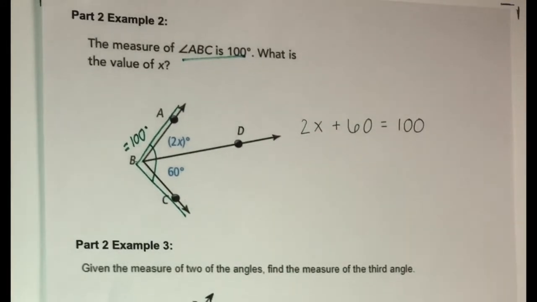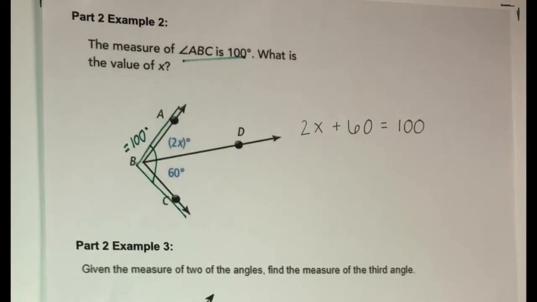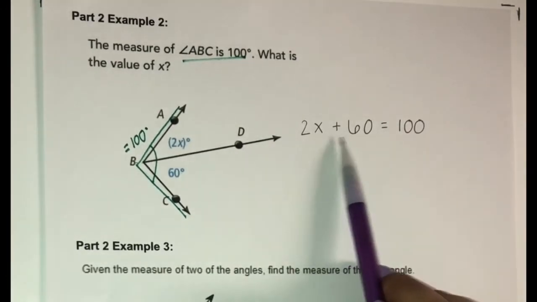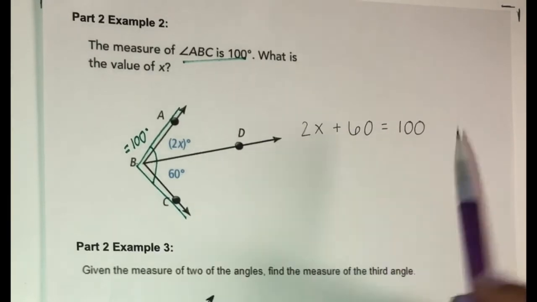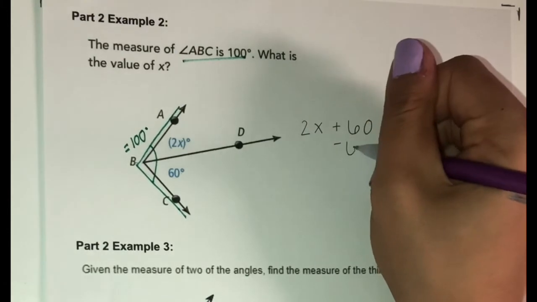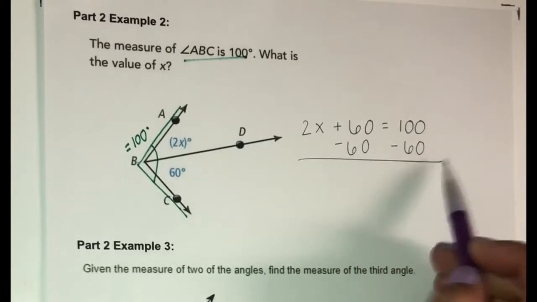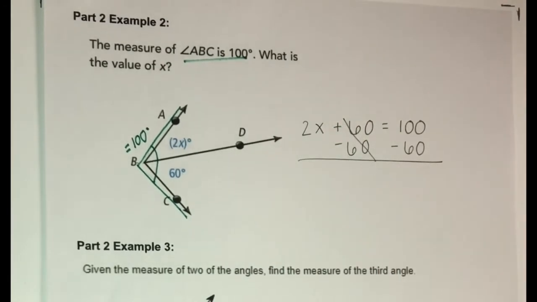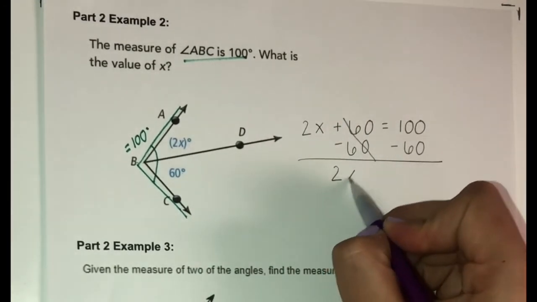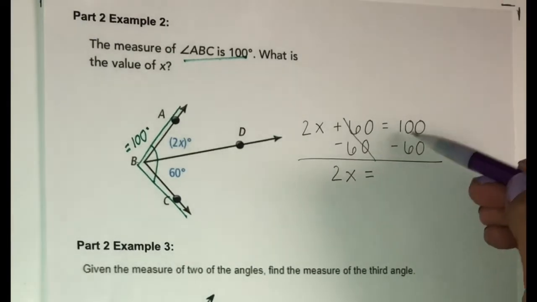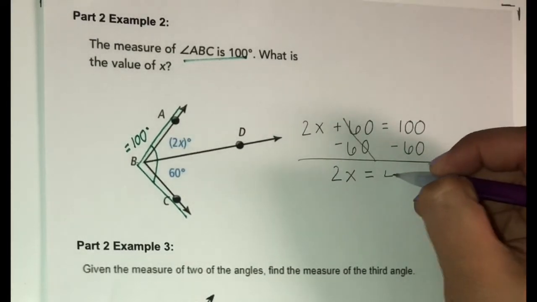What is the first thing I'm going to do to solve this equation? I'm going to move my constants first. My constant is 60. If this is a positive 60, to move it to the other side, you subtract 60 on both sides. 60 minus 60 cancels, and you're left with 2x equals 100 minus 60, which is 40.